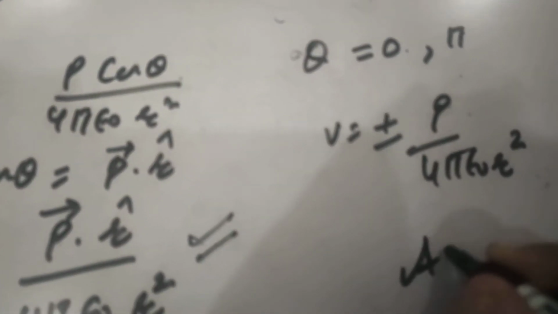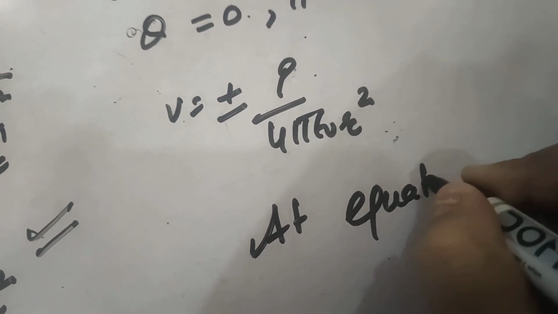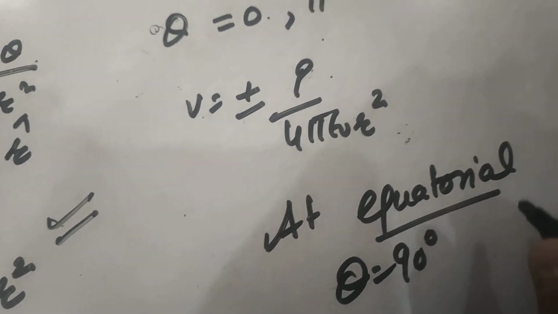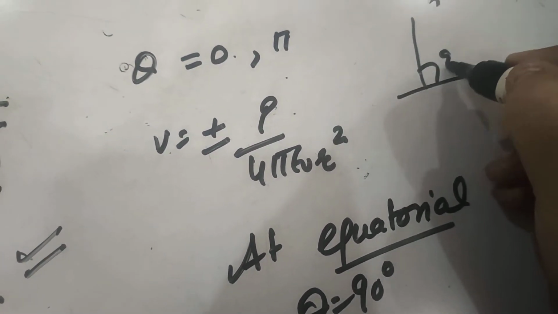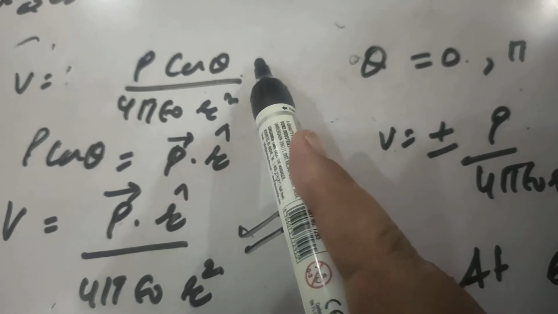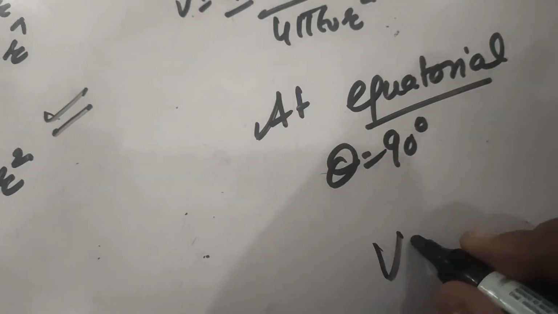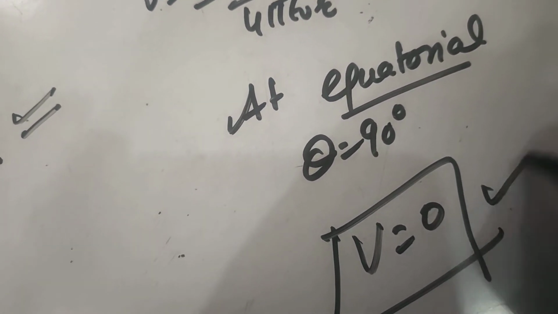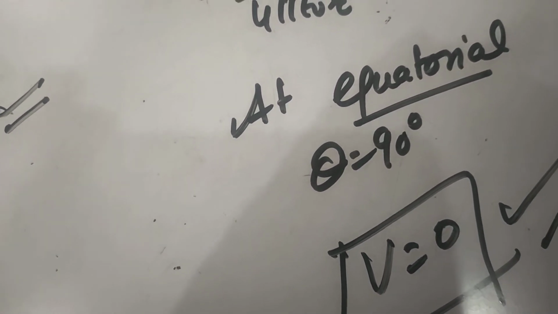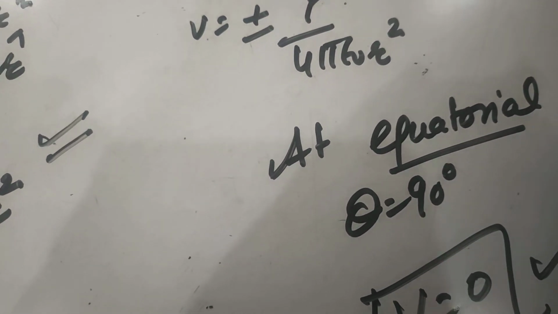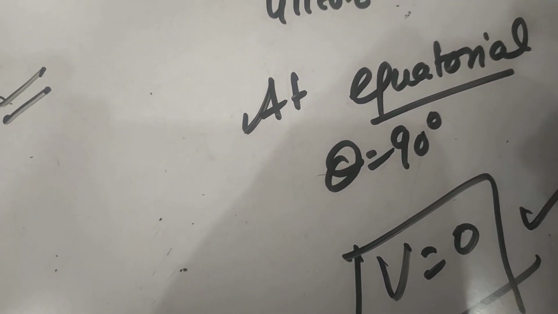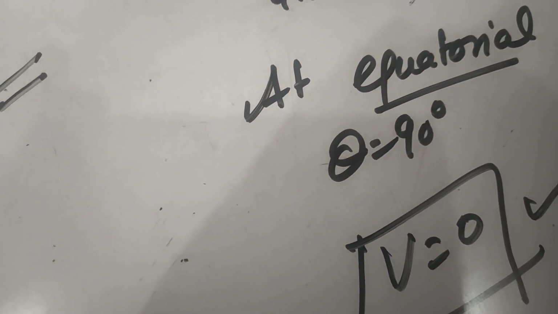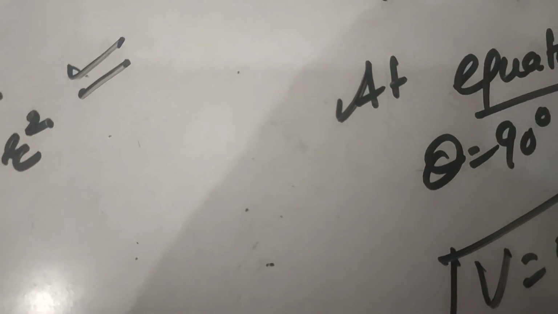And at the equatorial point, theta becomes 90 degrees, and cos 90 is 0, so v is equal to 0. Hence proved that at the equatorial position of a dipole, the value of potential is 0. It means we can say the value of potential is 0 for a positive charge at infinity, and for the dipole it is at the equatorial point of the dipole, right? That's it.